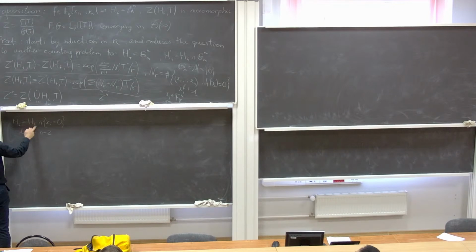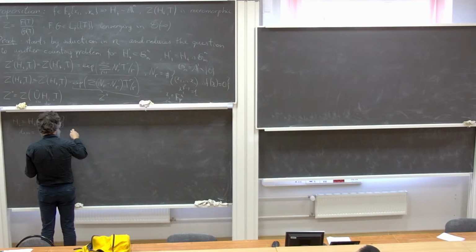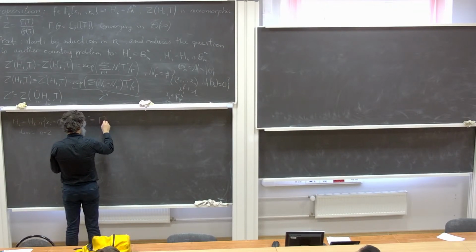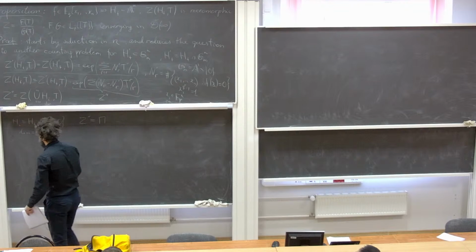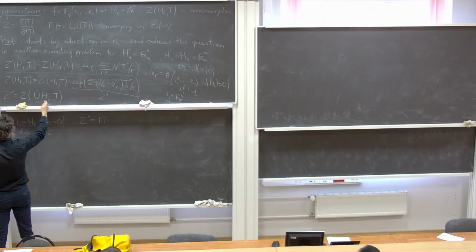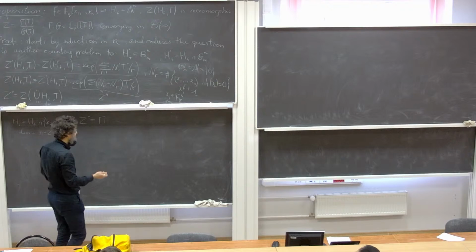Yeah, because we intersected a hypersurface of dimension n minus 1 with this hyperplane of dimension n minus 1, and then this Z double prime is the product of the zeta functions of these codimension 2 varieties. But those codimension 2 varieties intersect in codimension 3, and so we will have to use the inclusion-exclusion formula and write it this way.